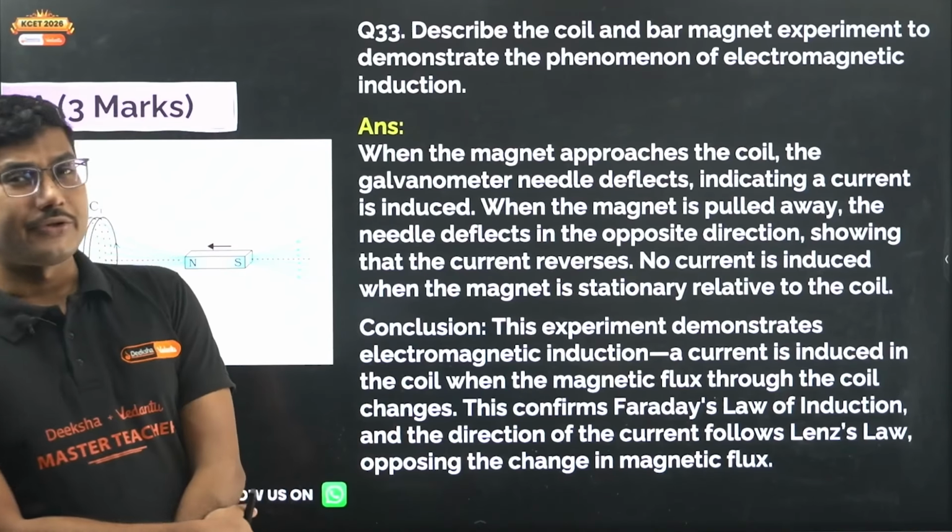When the magnet is approaching the coil, so here we have a coil and a magnet. This is the coil. This is a magnet which is being brought near to this coil with some speed. When the magnet approaches the coil, the galvanometer needle deflects, indicating a current is induced.